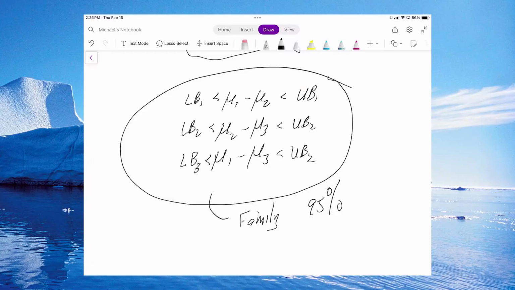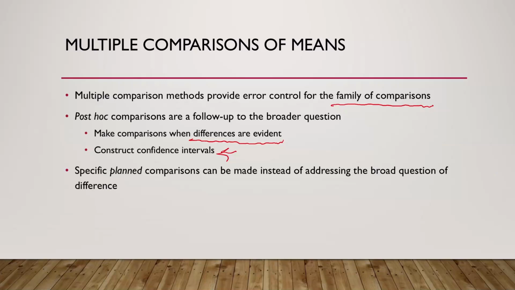We may, for instance, say these three comparisons among each of the different pairs of means is what I'm interested in, so let me just go ahead and do those right now and skip the omnibus. Well, you may say, is there an advantage to doing that? The answer is yes, there is. The advantage is your confidence intervals are going to be narrower if they're planned confidence intervals.